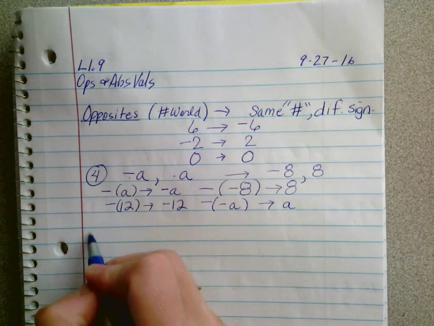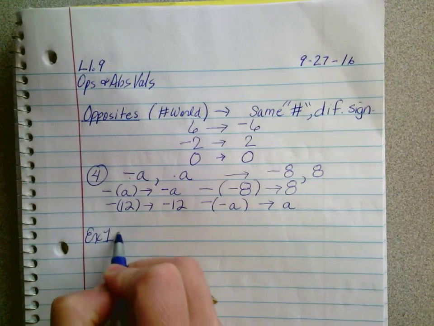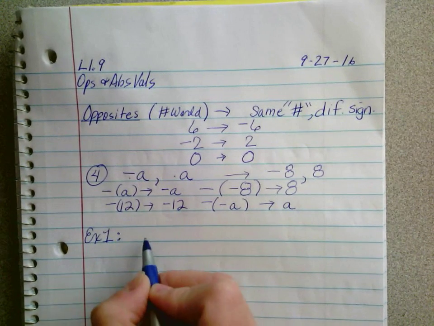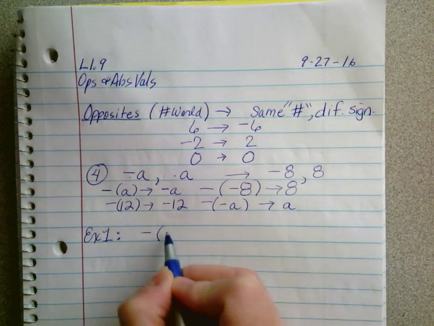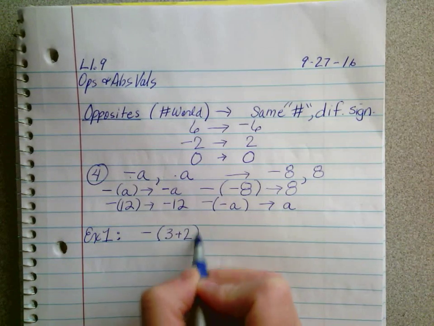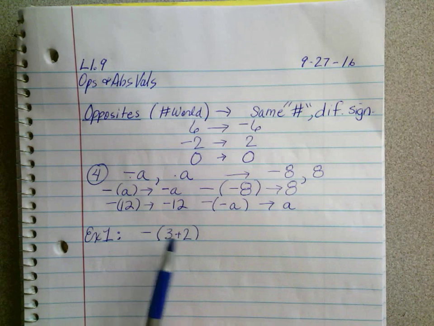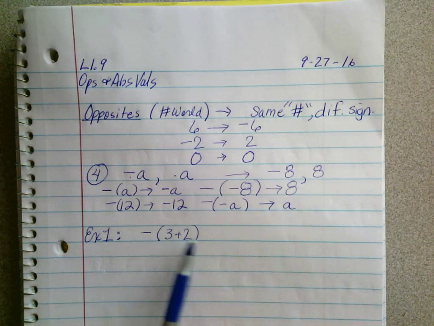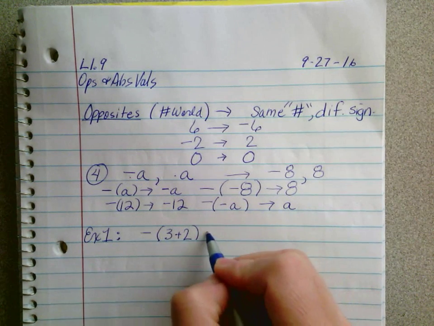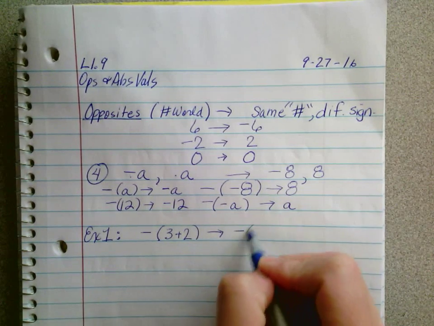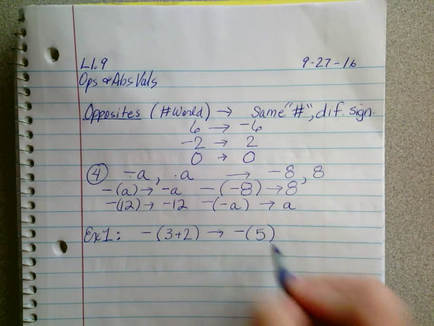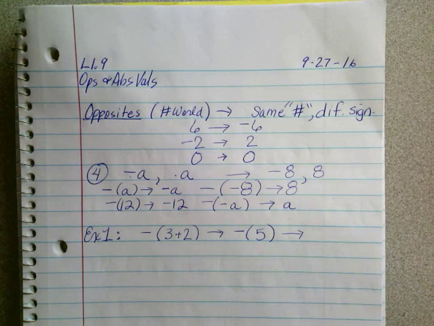We're going to do some example ones that are mine for you, so yours in the book are yours to look at later. Here's the first one. This literally means the opposite of the sum of 3 and 2. The opposite of +5.